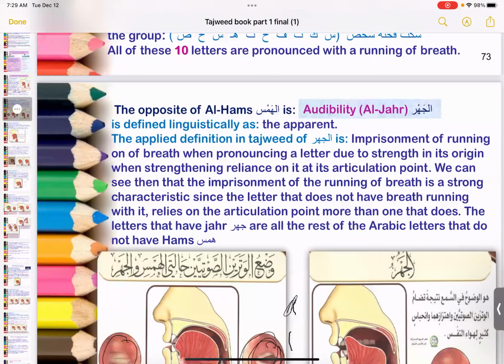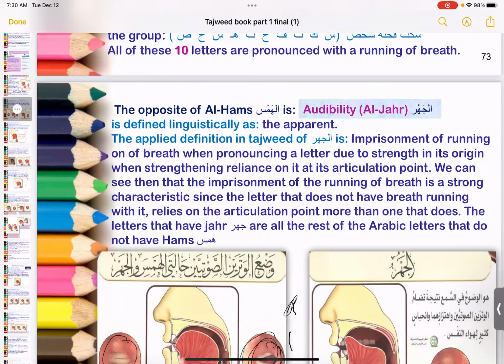If I remove the letters of Hams, فَحَثَّهُ شَخْصٌ سَكَتْ, the remaining letters are the letters of Jahr, and these letters have no air running. If you notice, most of the letters of Qalqala fall in the category of Jahri letters. So the opposite of Hams are the letters of Jahr.